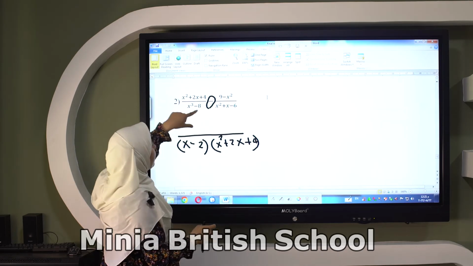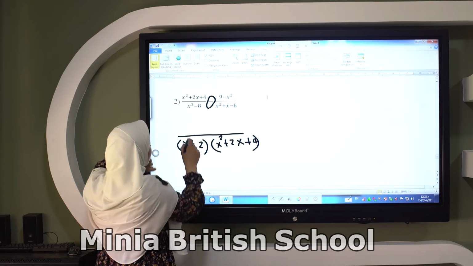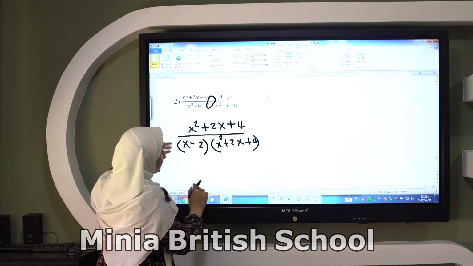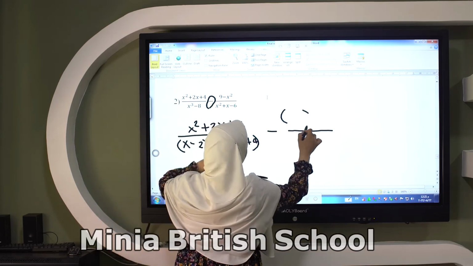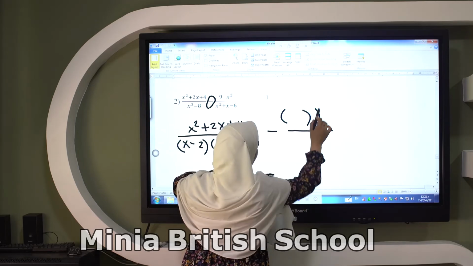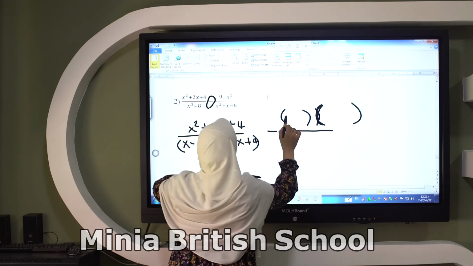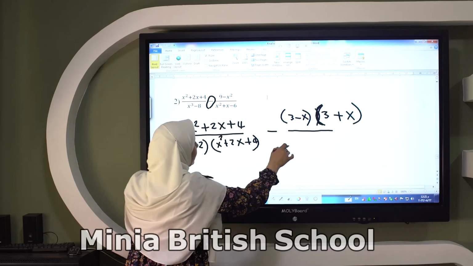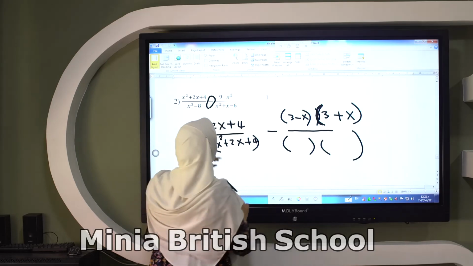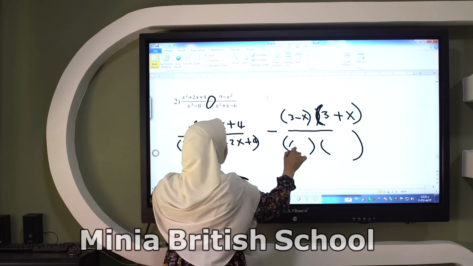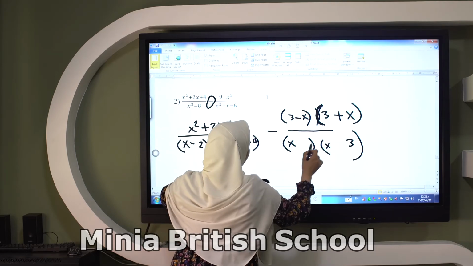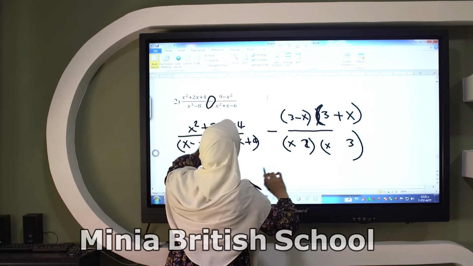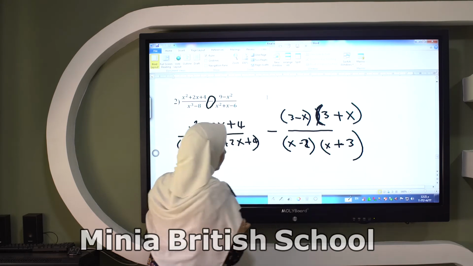This bracket is the same one in the numerator. This expression doesn't factorize: difference between two squares, (3 - x)(3 + x), and down the trinomial, the same one, positive and negative.